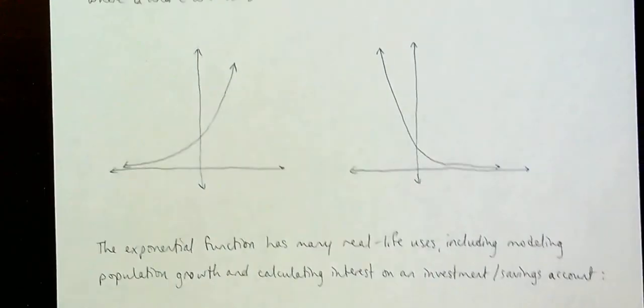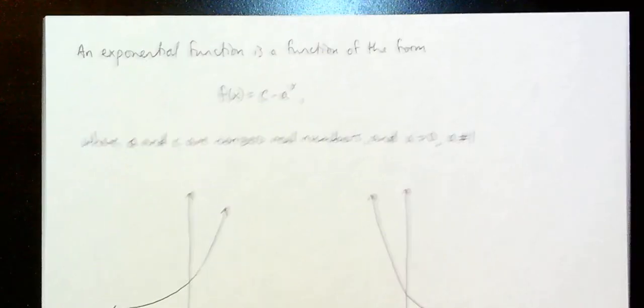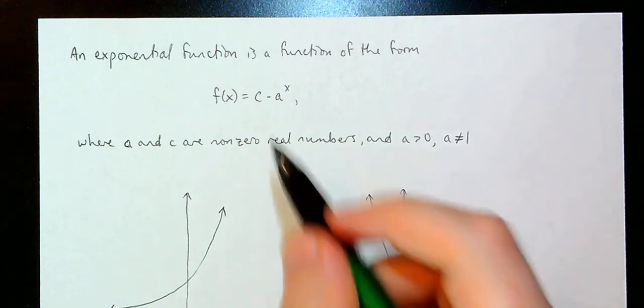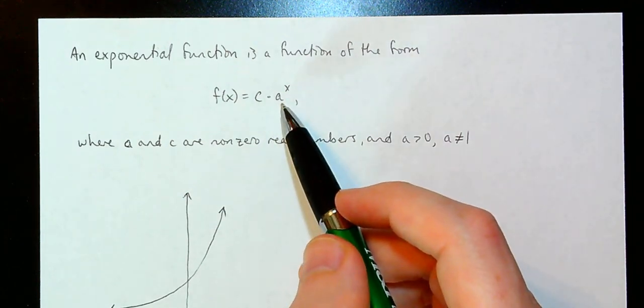Next up, I want to talk about a different kind of function, the exponential function. What the heck is an exponential function? An exponential function is a function that is of the form c times a raised to the power x.